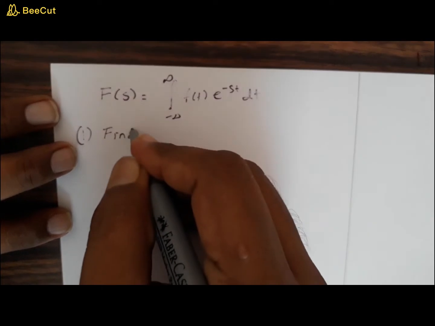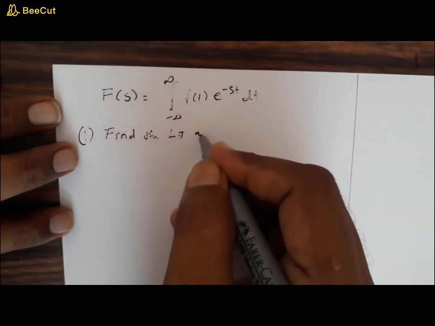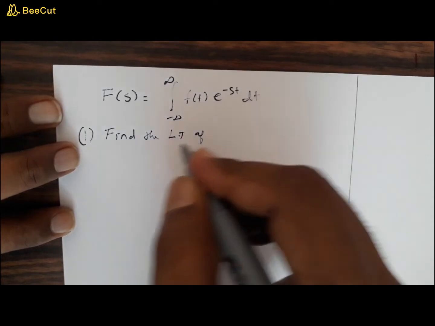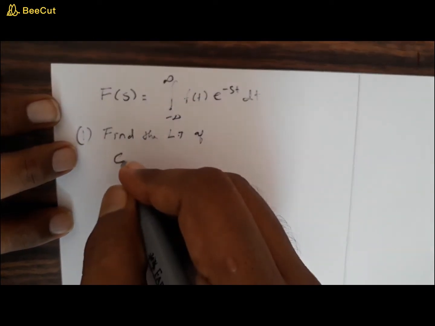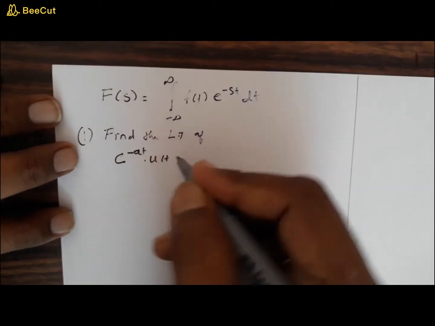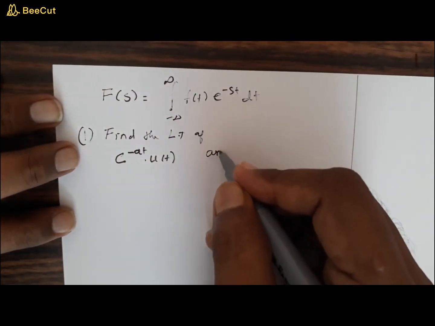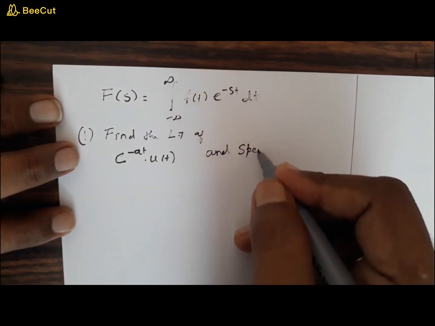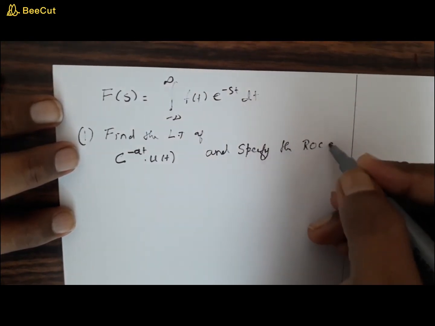So let's do some problems. Find the Laplace transform of e raised to minus at into u of t, and specify the ROC of the signal.